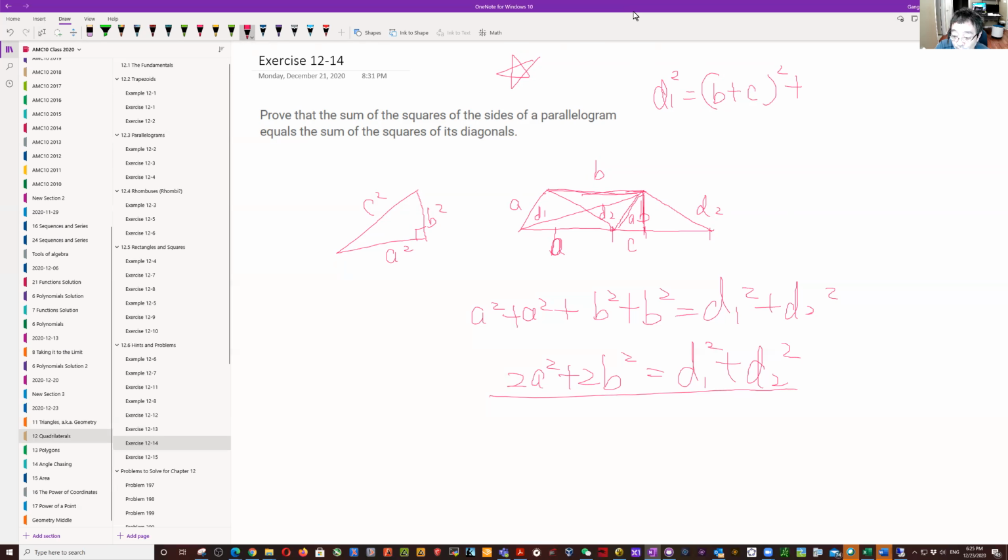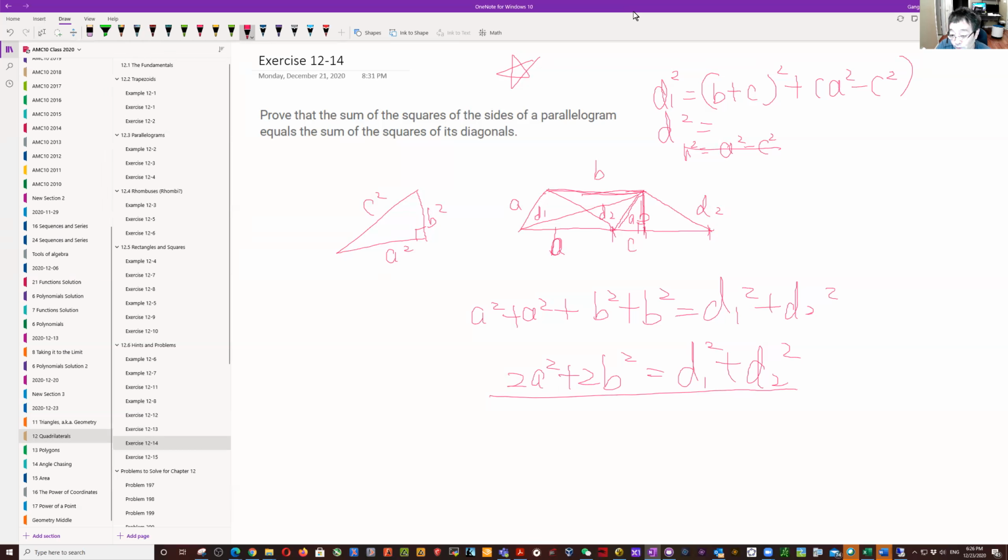I don't know what the height is, but I have A, and A and C form a right triangle. So the height squared is actually A square minus C square. So basically plus A square minus C square. That's D1. And then D2 square is actually equal to, this is B.